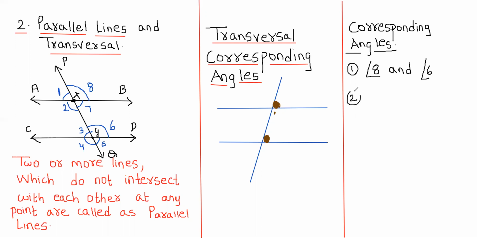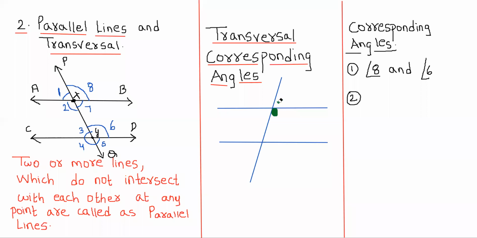Next, the second pair of corresponding angles. Suppose we are taking this particular angle, then what is the corresponding angle of this? If we go upward, here is one adjacent angle, and above that we don't have any angle.